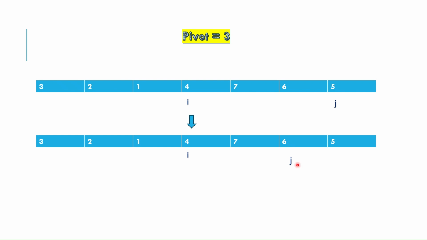Okay. Again, see, J will keep decrementing until the element is less than the pivot. It will decrement if the element is greater than the pivot, but the loop will stop if the element is less than the pivot.